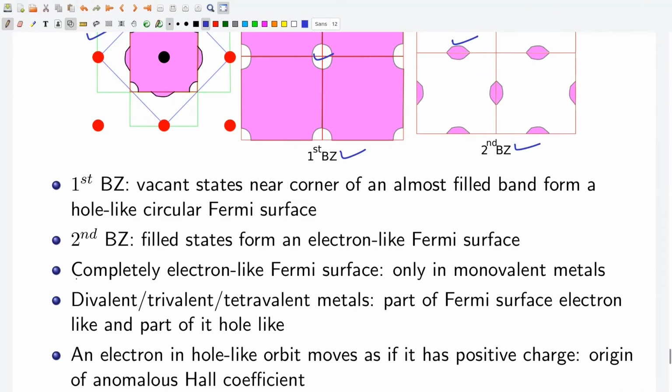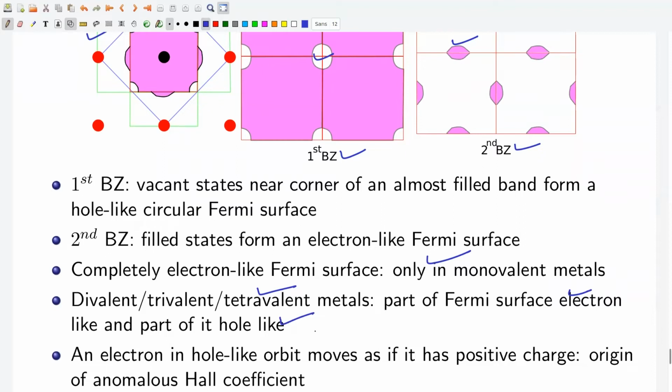Obviously, a completely electron-like Fermi surface can exist only in the case of monovalent metals, because the Fermi surface does not cross the first Brillouin zone boundary in this case. In the case of divalent, trivalent or tetravalent metals, part of the Fermi surface is electron-like and part of it is hole-like.